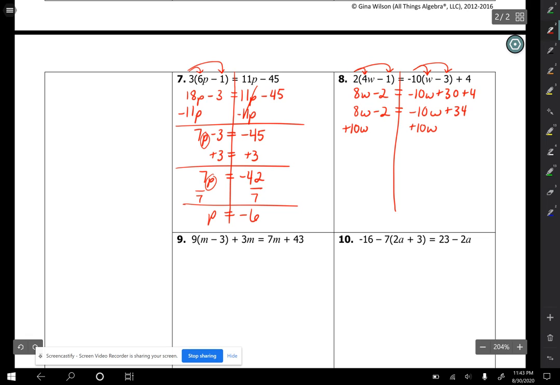So after we've distributed, we've combined like terms, now I need to move this variable to the right side of the equation to make 18w minus 2 equals 34. Now I can finally solve for this variable. Add 2 to both sides. 18w equals 36. Divide by 18. W equals 2.